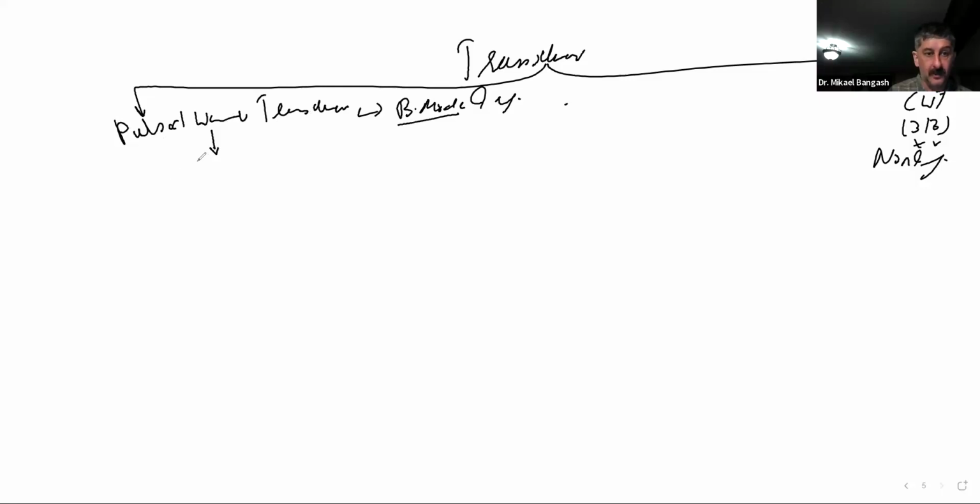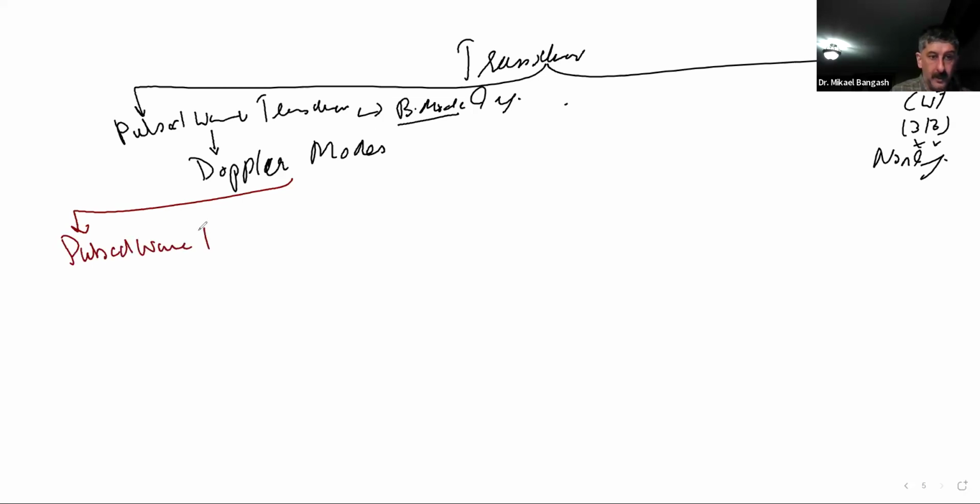Now, these pulsed wave transducers can be used in Doppler modes, or we can use them to get Dopplers. And now, guys, the two kinds of Doppler modes that we will have, as we talked about, are pulsed wave Doppler.